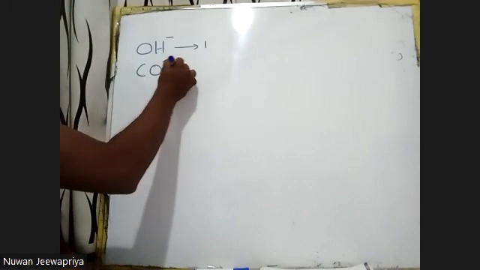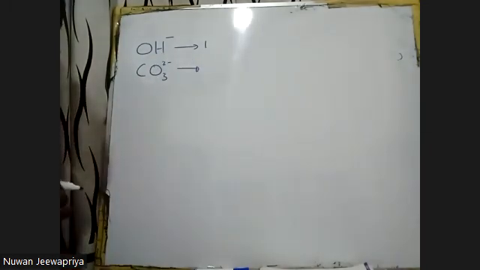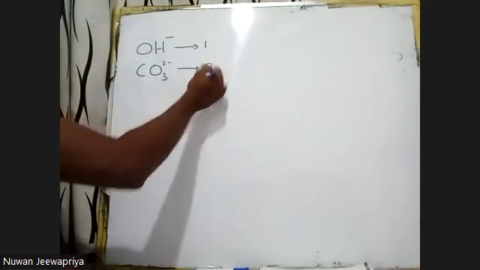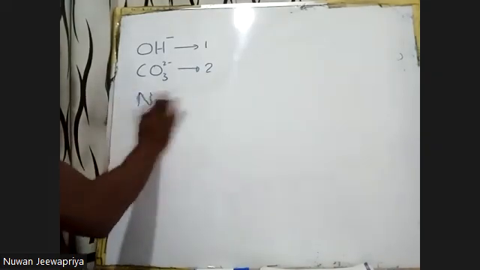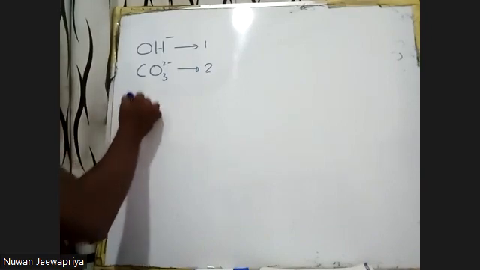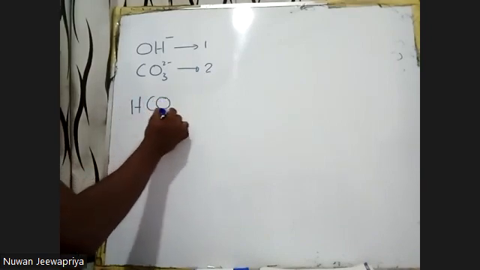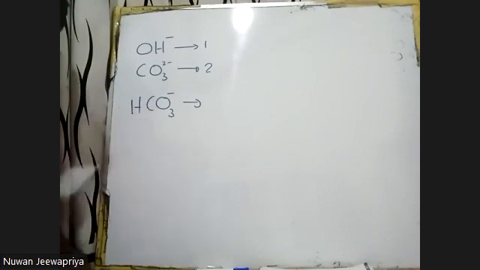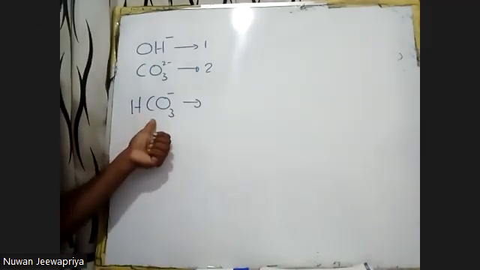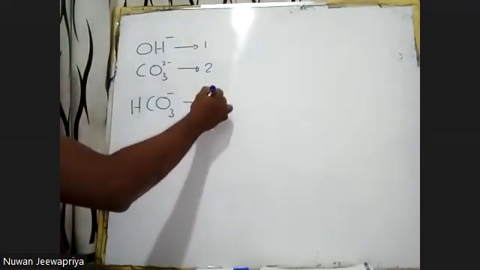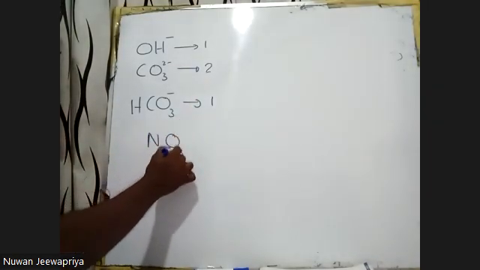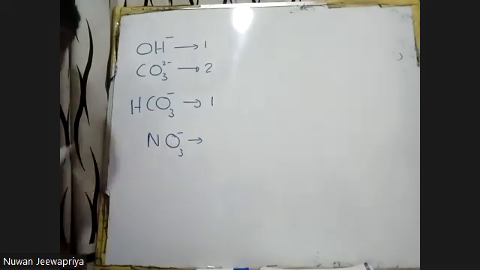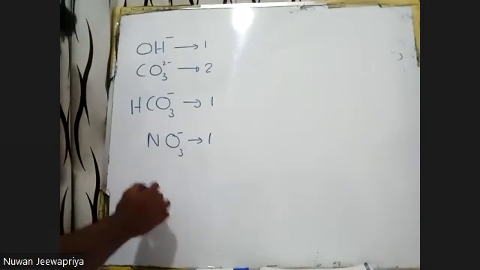CO3 2 minus. We call it carbonate. Its valence is 2. HCO3 minus. We call it hydrogen carbonate or bicarbonate. Valence is 1. NO3 minus. We call this nitrate. Valency 1.